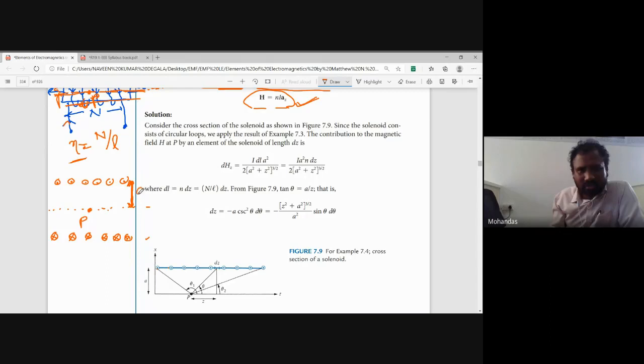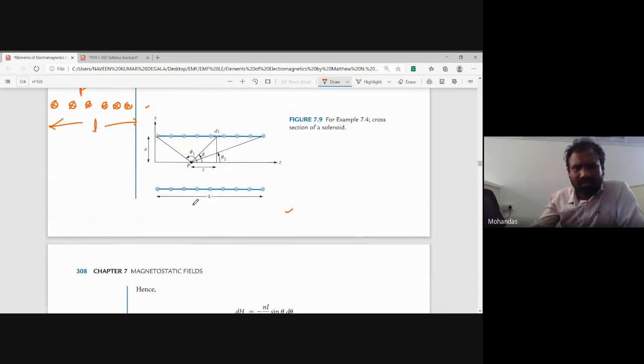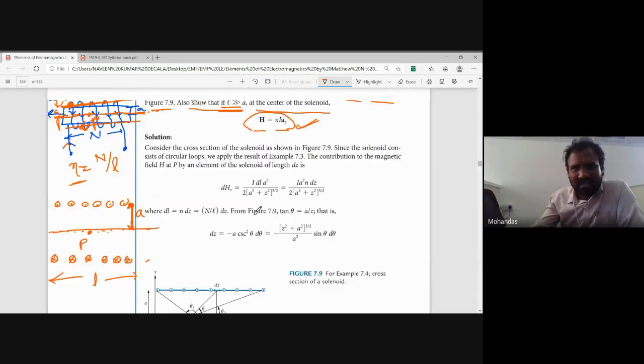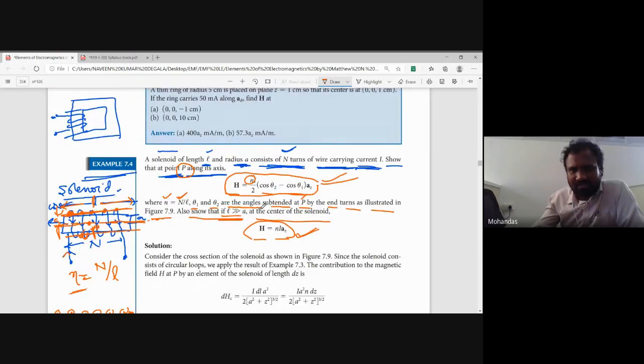The radius of the solenoid is A, and the total length of the solenoid is L. Now see how to calculate the magnetic field intensity at the field point P. Theta 1 and theta 2 are the angles subtended at point P by the end turns, as illustrated here.